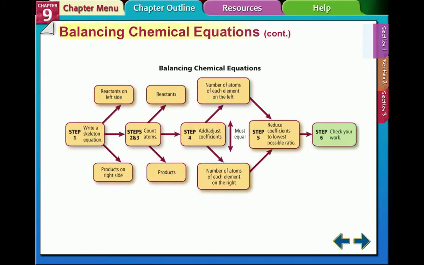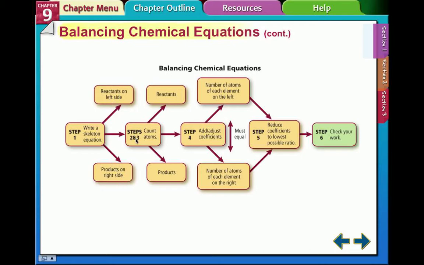Okay, so here is a very good diagram to help you through balancing chemical equations. So step 1, write out the skeleton chemical equation like we talked about before. Element 1 plus element 2 yields the product. So remember the reactants are on the left-hand side of the arrow that produces or yields, and the products are on the right-hand side.